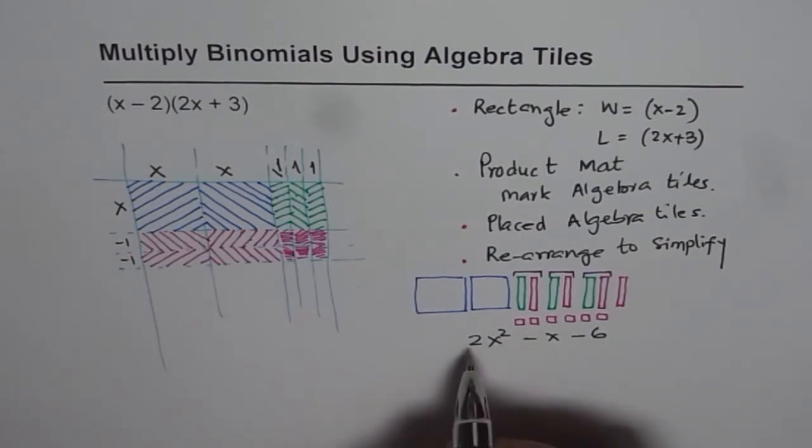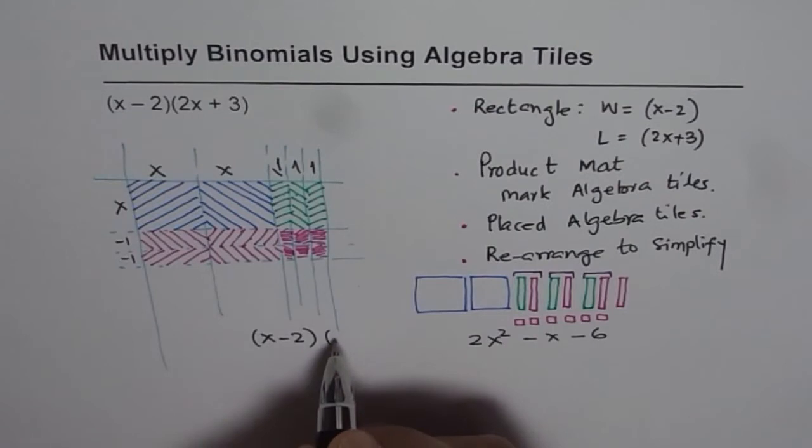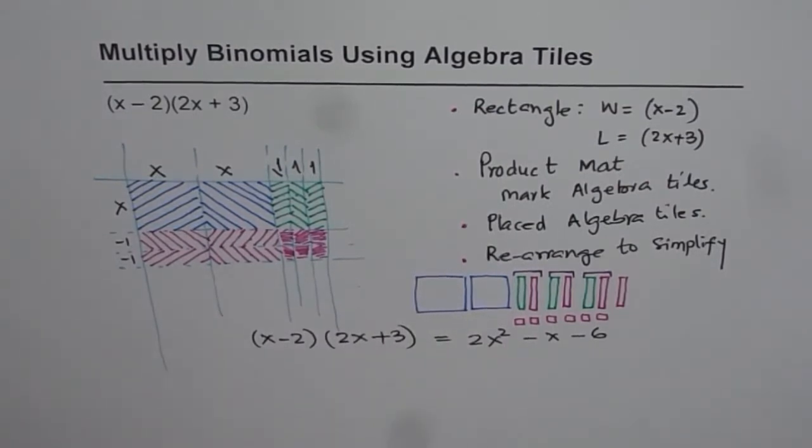So that is the result of x minus 2 times 2x plus 3. So that is how we can multiply binomials using algebra tiles. I'll appreciate you go through this video once again, try to understand all the steps and then move forward. Thank you and all the best.